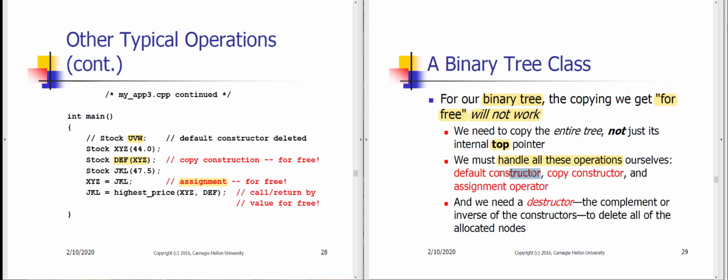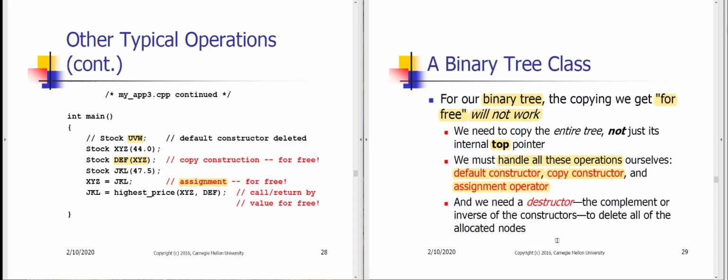That is, we must define a default constructor. We also need to define a copy constructor that knows how to properly copy an existing binary tree into a newly declared binary tree. And we're going to have to define our own assignment operator that knows how to assign a correctly structured copy of all of the nodes in one tree into another tree.